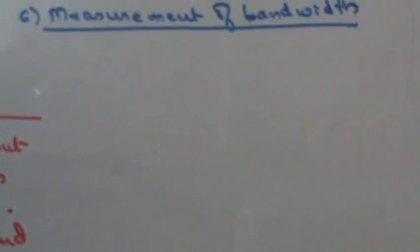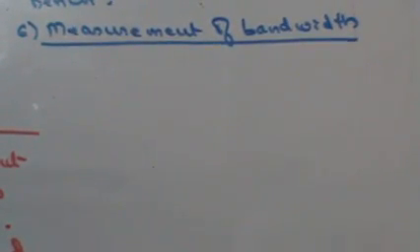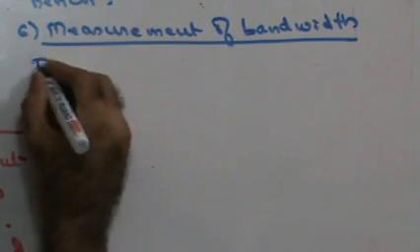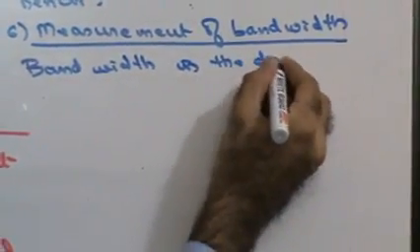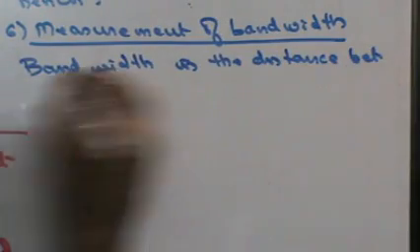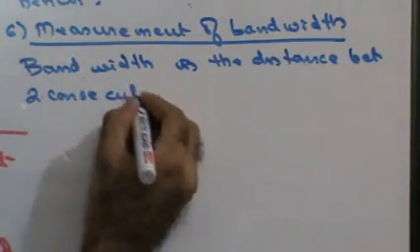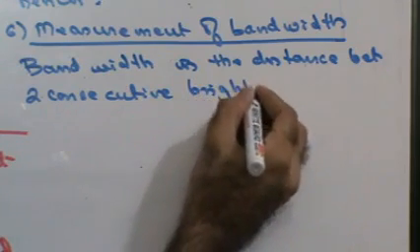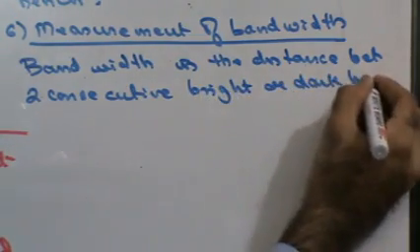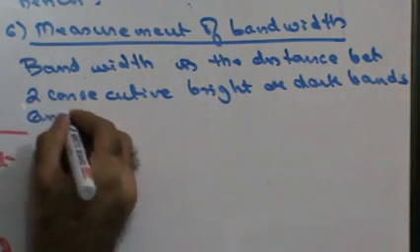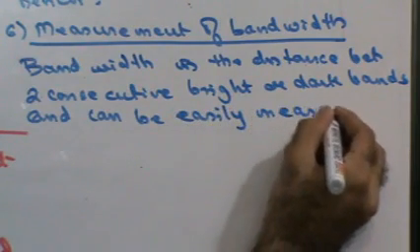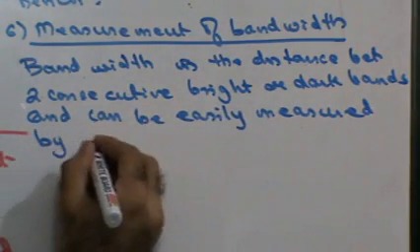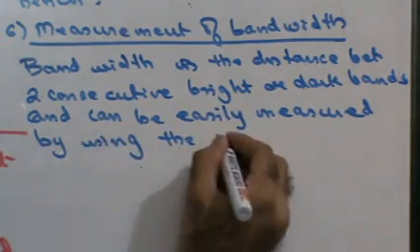Bandwidth is the distance between two consecutive bright or dark bands, and it can be easily measured by using the micrometer eyepiece.